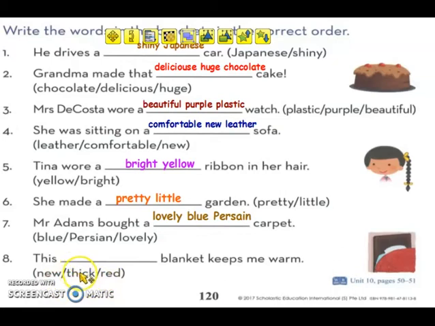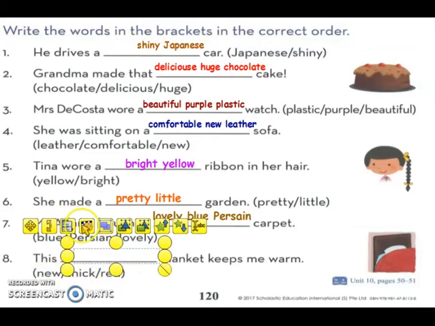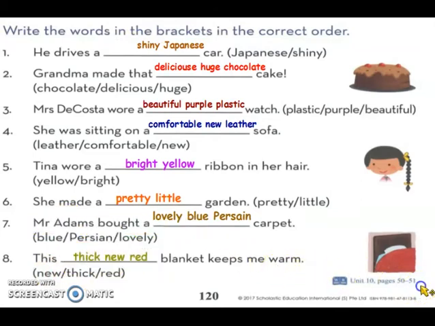Thick is the quality, new is the age, red is the color. What is the correct order? We will start with the quality, then the age, and the last thing the color. So this is the correct order: this thick new red blanket keeps me warm. Quality, age, color.